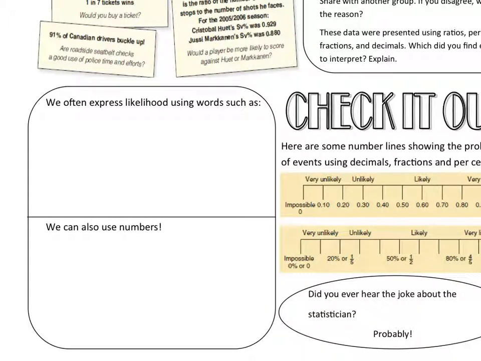We often express the probability or likelihood of something happening with words, such as probably. It'll probably happen, or never. Like, that's never going to happen. Always. I always get perfect on my math test.